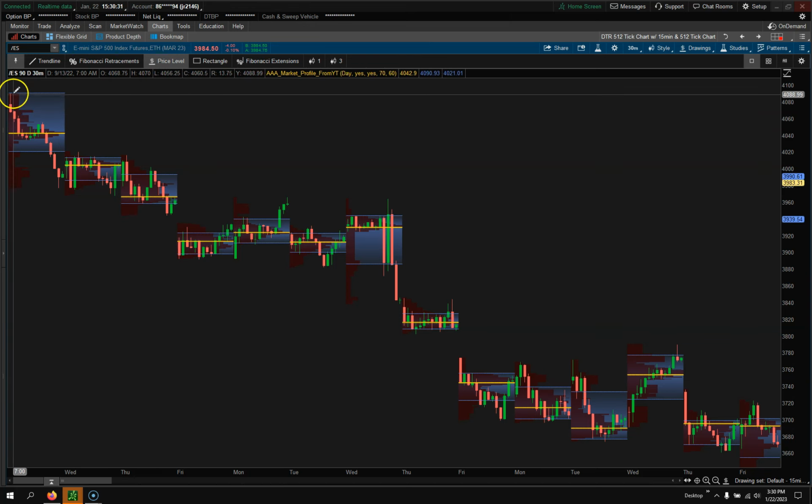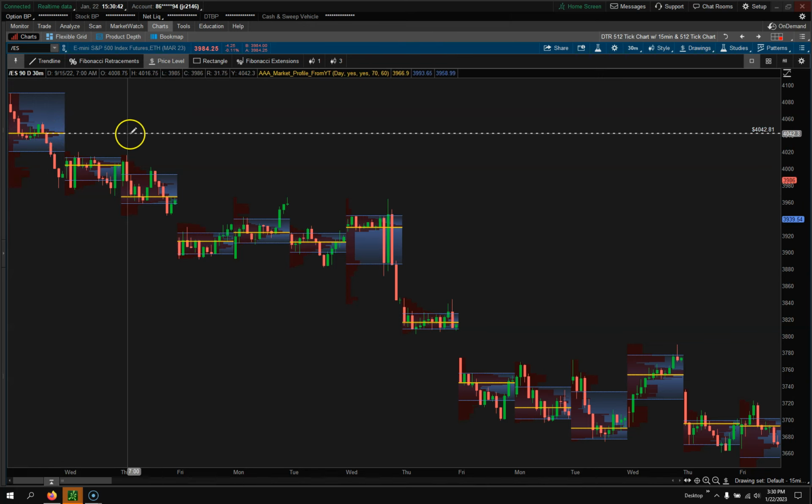So right here we see price open, we fall, and the point of control is right here. So I'll mark it off, and the reason I'm marking it off is because it has not been touched yet. What makes it a virgin point of control, or a VPOC, is that when the day closes, on the following day price could rise in and retest that point of control.